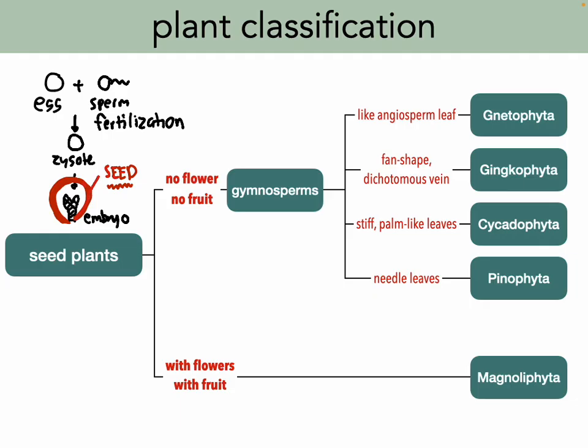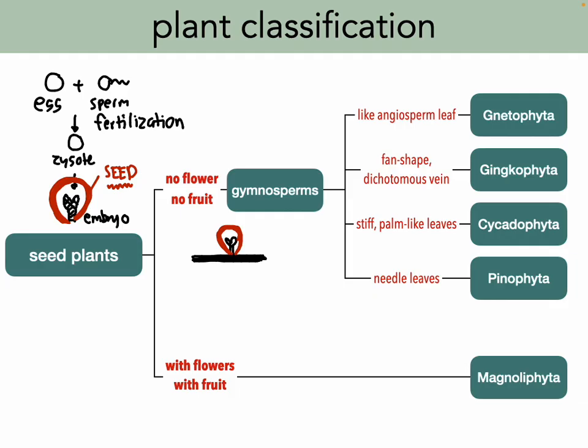So there are two ways of the plant producing the seed. The first one, no fruit, no flower, meaning what? Meaning that on the branch, you just have this embryo on it, and there's a seed to protect them, but that's it. Just a seed, standing by itself.